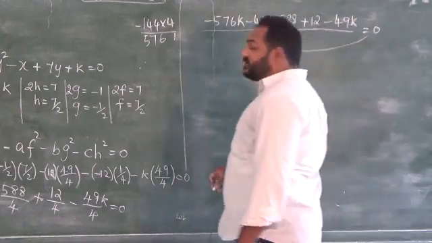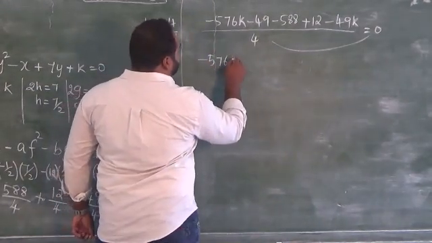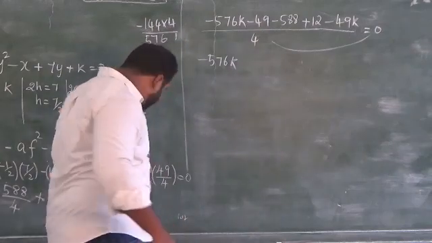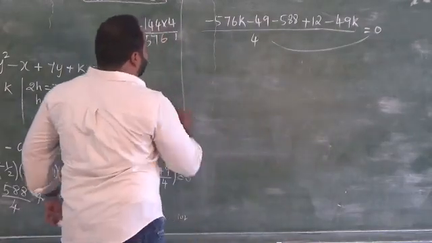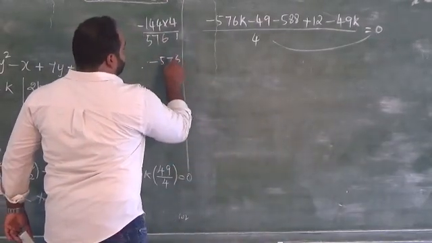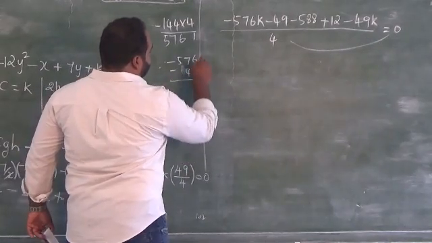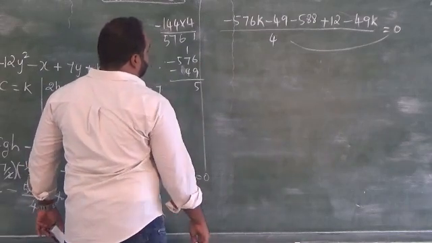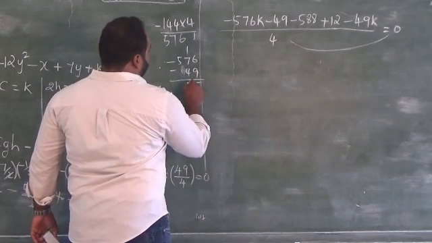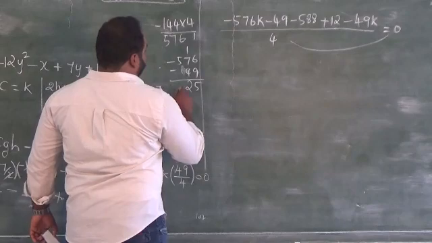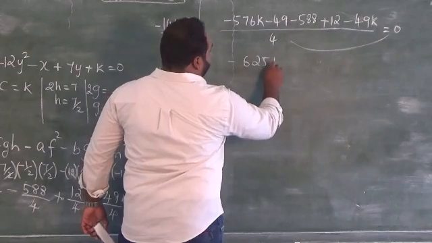So I am going to carry this 4 to the other side, so it will be 0. Remaining are the k terms: both are minus, so we can add minus 576k and minus 49k, which gives minus 625k.